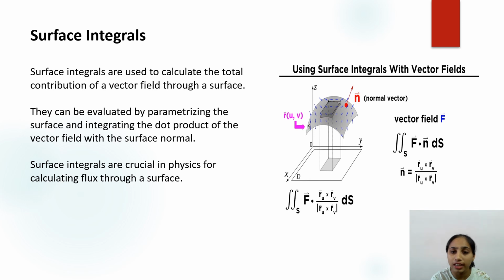And then in this diagram, using surface integrals with vector fields. Vector field F, that is double integration of vector F dot vector n ds. From this formula we can conclude how we can calculate the surface integrals.